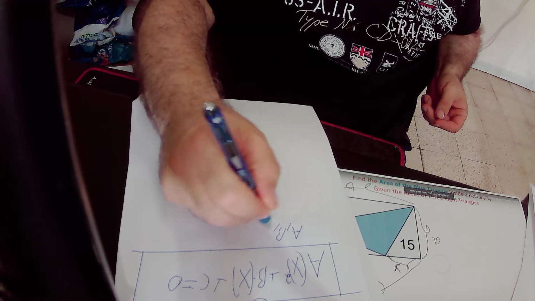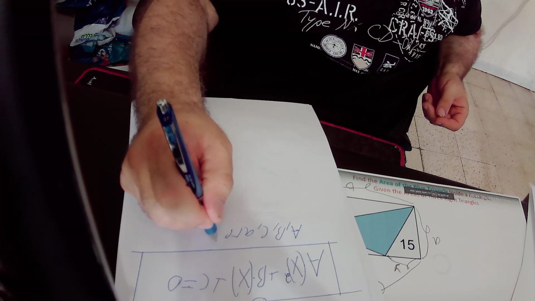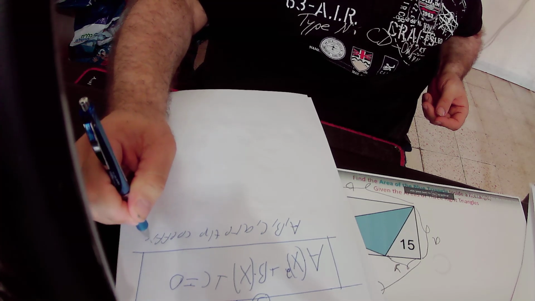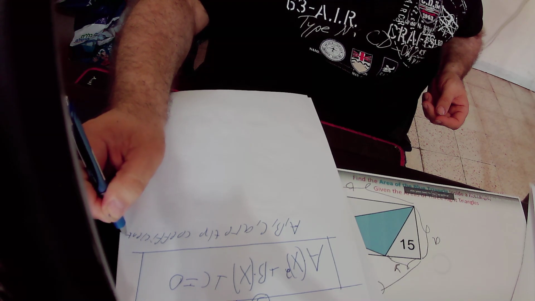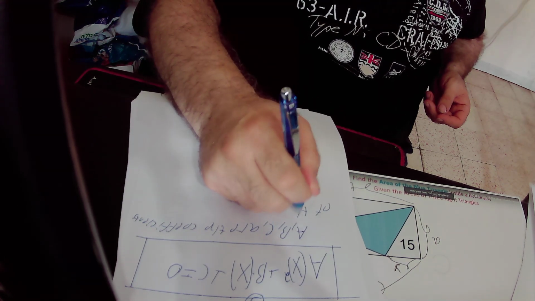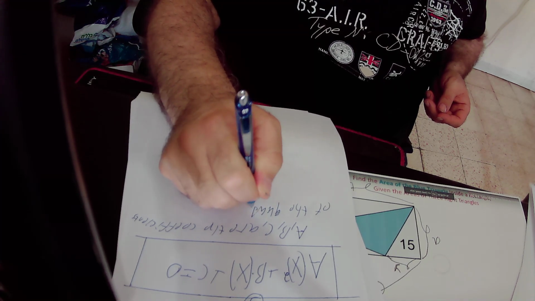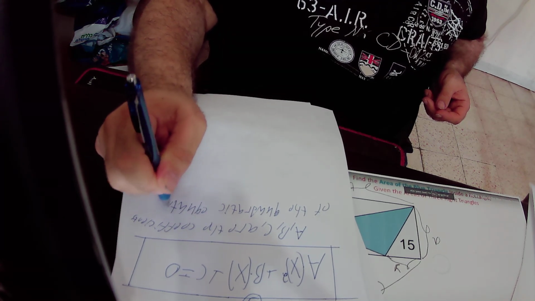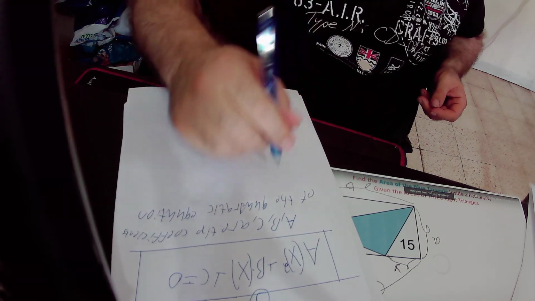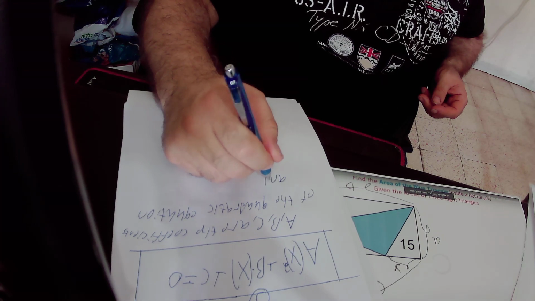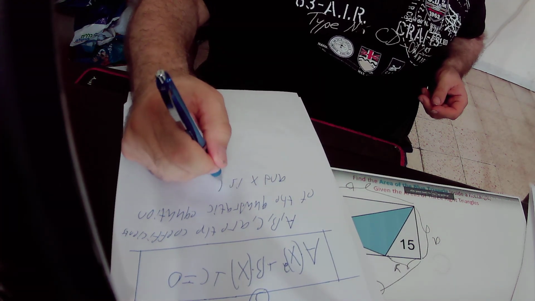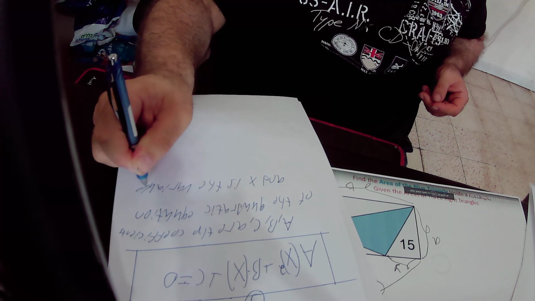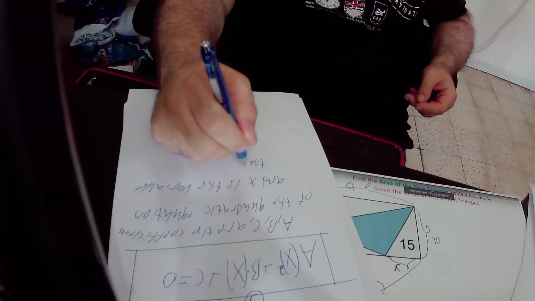A, B, and C are the coefficients of the quadratic equation, and x is the variable that we are seeking.